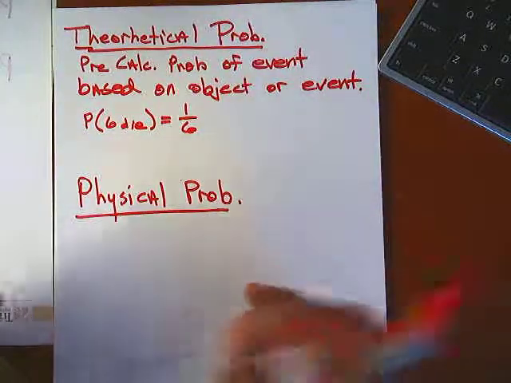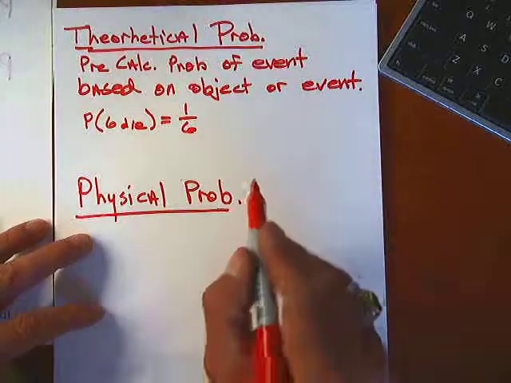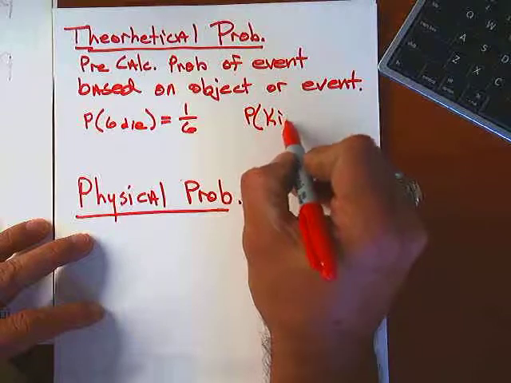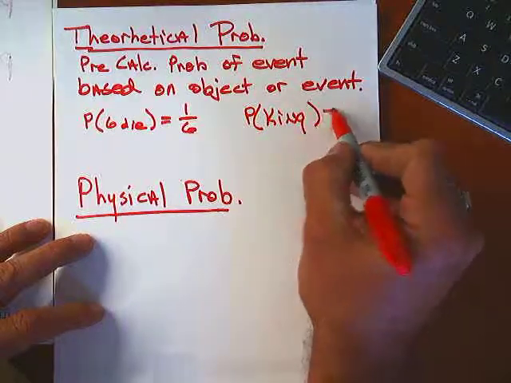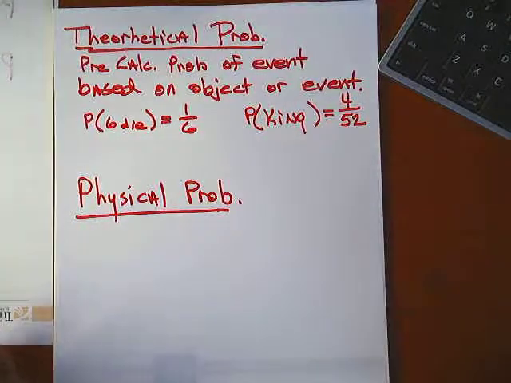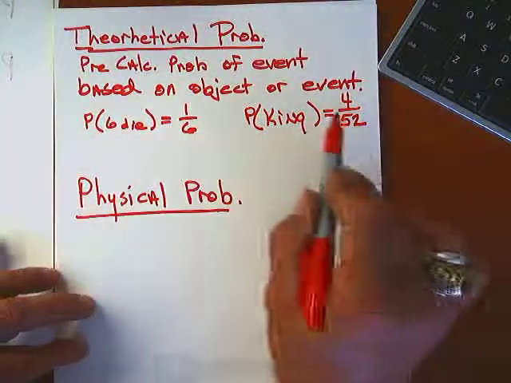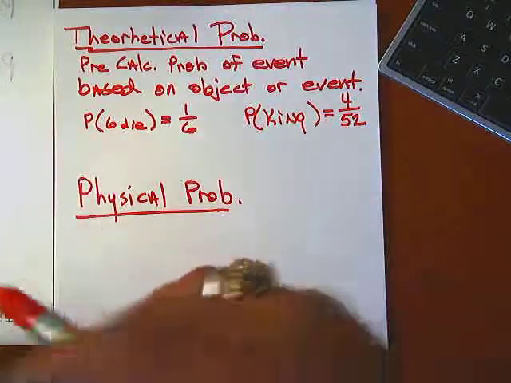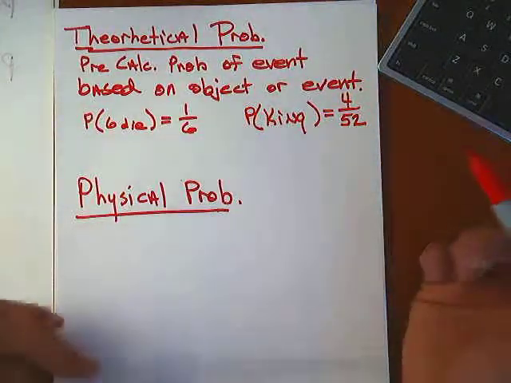We said a while ago that the probability of rolling a 6 on a die is 1/6. We didn't roll a die. We just counted up the sides of the die, which is 6, and then took one of the numbers and said 1/6. That's a pre-calculated probability.